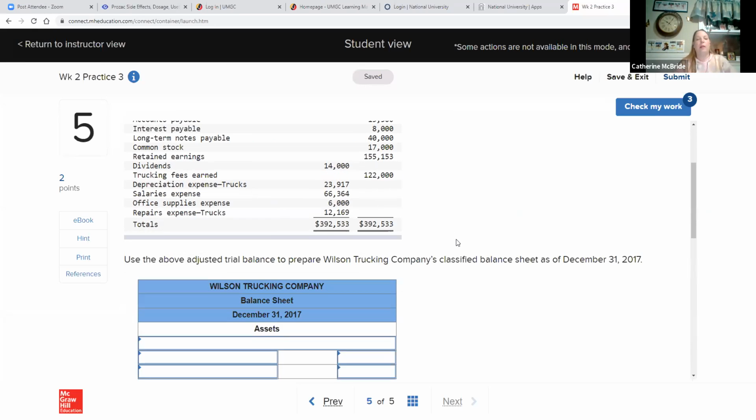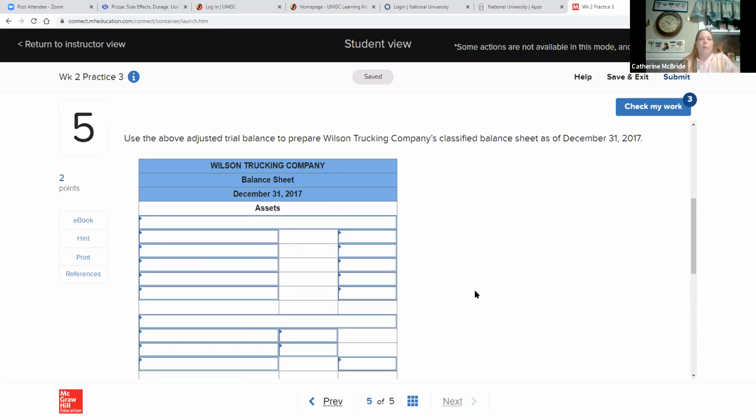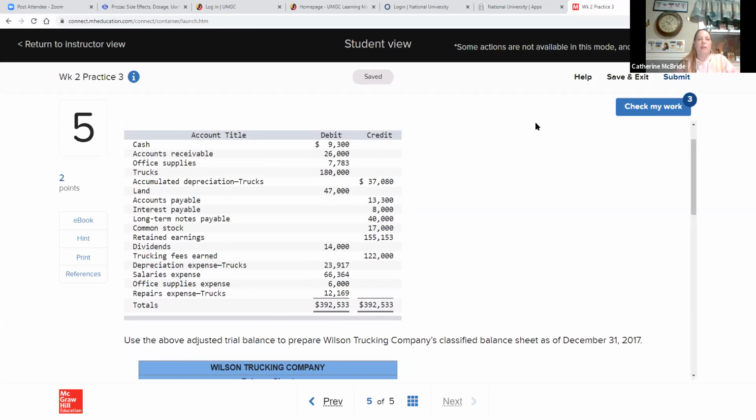Okay, and here you have to prepare a classified balance sheet. A classified balance sheet breaks out the assets and liabilities into current and non-current. So when you do this problem, you still want to look at what applies, and we can see that from here down, these don't go on our balance sheet.